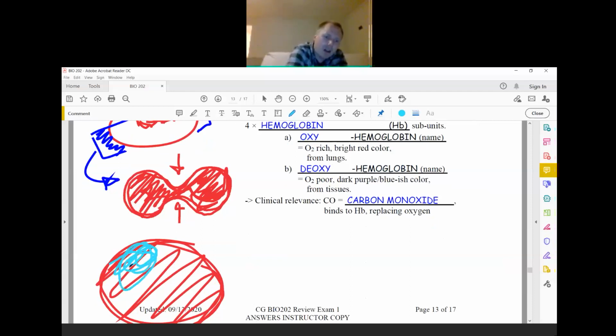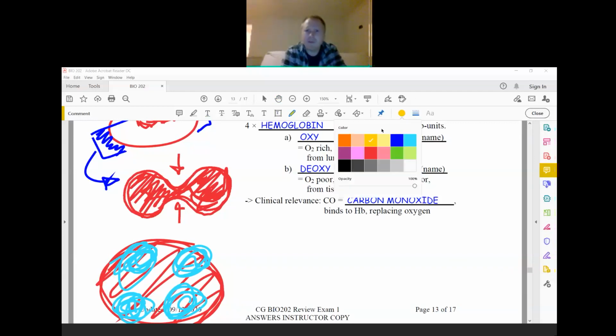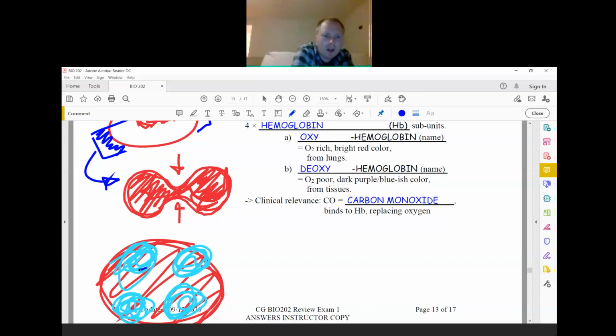So they're located first, second, third, and fourth. And each of these subunits is capable of transporting 1 oxygen molecule. So each of them is able to carry 1 oxygen with it.